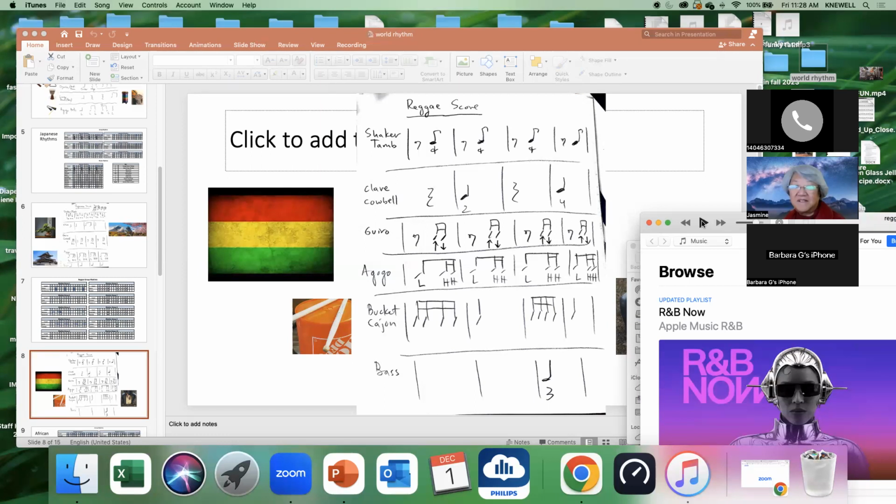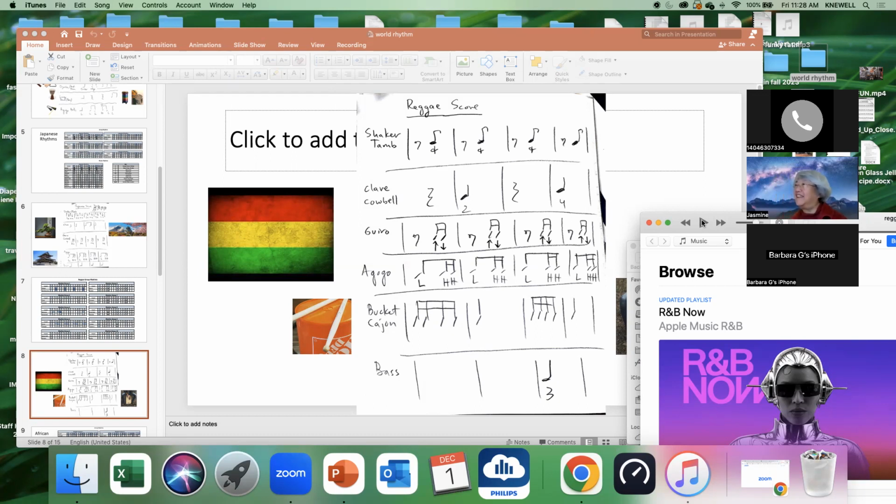So with the music, 1, 2, here we go. 1, 2, 4. 1, 2, 4. And all these go together really nicely.